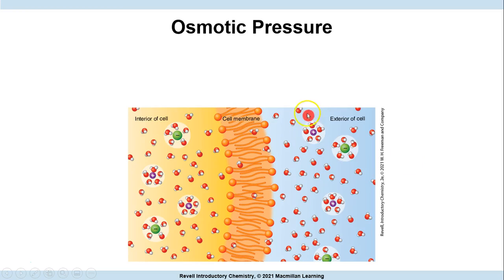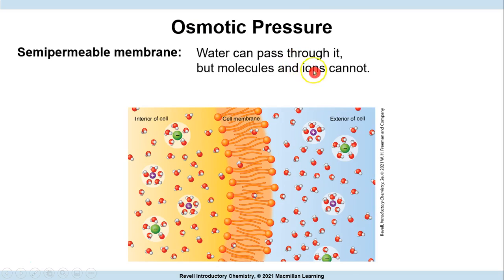Now let's look at the third one of the colligative properties, which is the osmotic pressure. Here, the osmotic pressure is really important in biological systems.